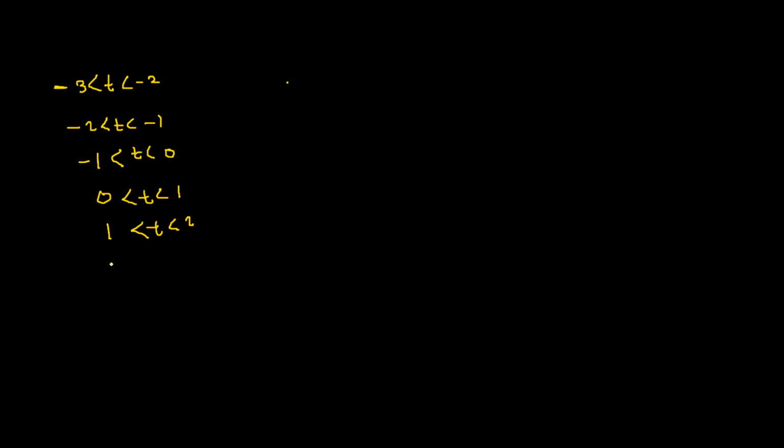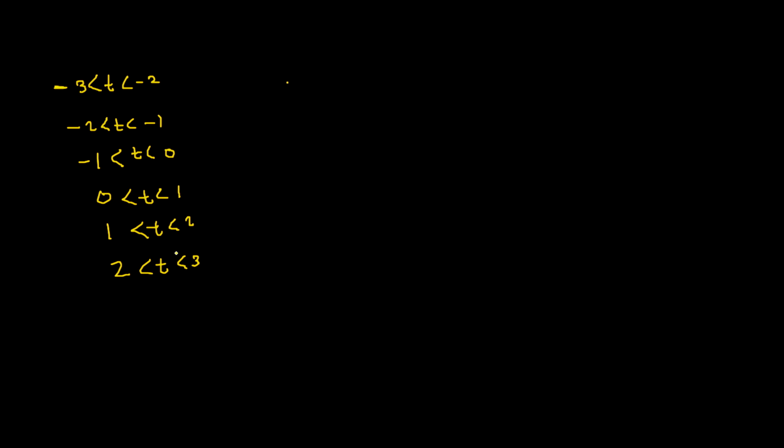What we'll be doing is, let's define each region: minus 3 to minus 2, minus 2 to minus 1, minus 1 to 0, 0 to 1, 1 to 2, and 2 to 3.